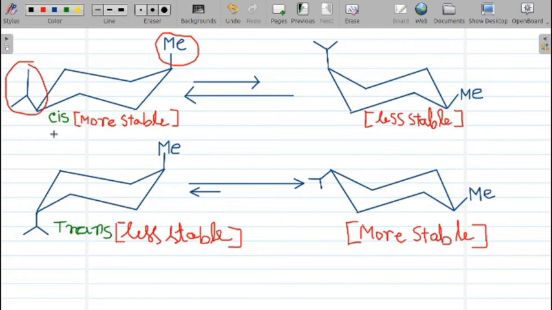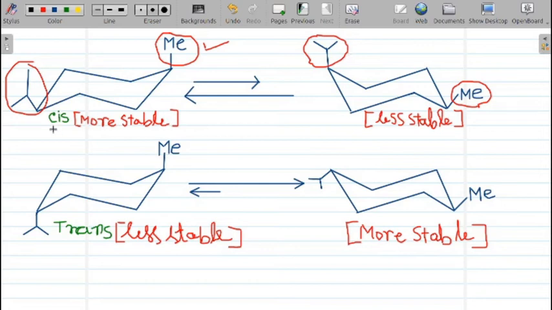In the cis conformation, the conformer where the methyl group is present at the axial position and the bulkier substituent, like a primary carbon, 2 degree carbon, or 3 degree carbon, is present at the equatorial position, is more stable.